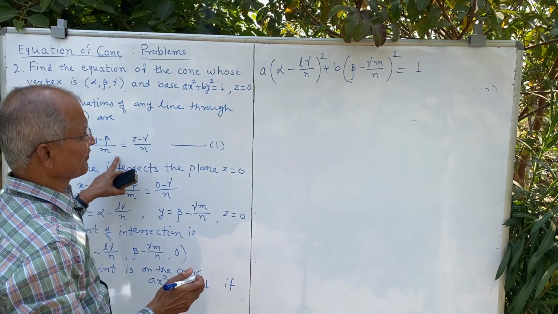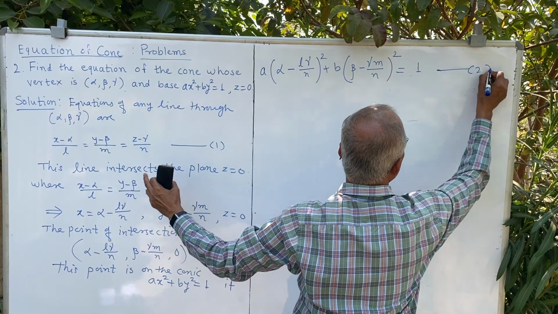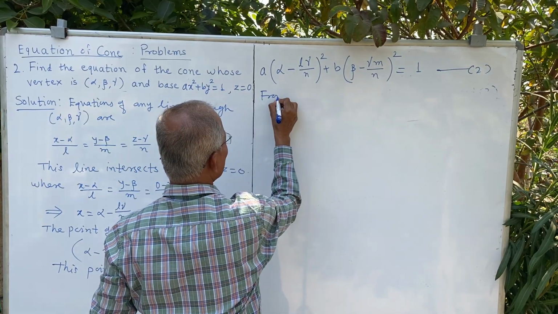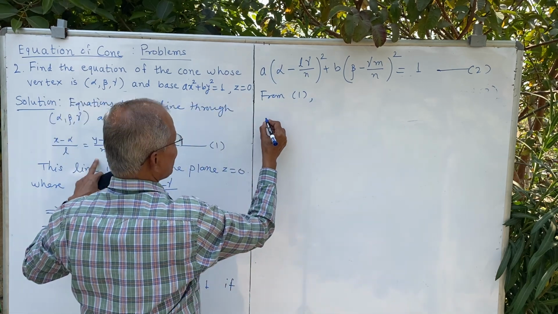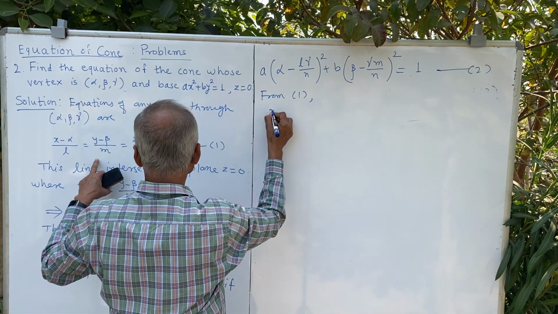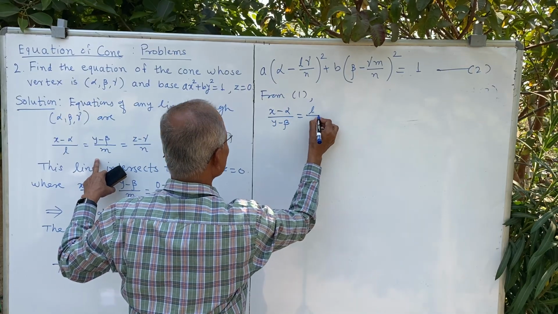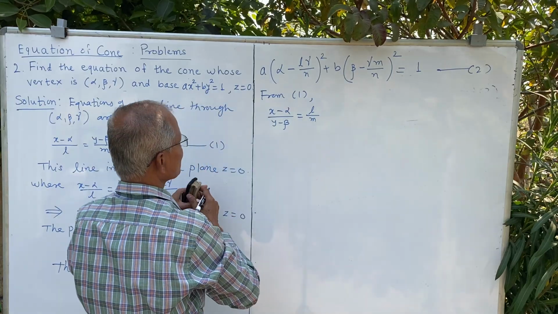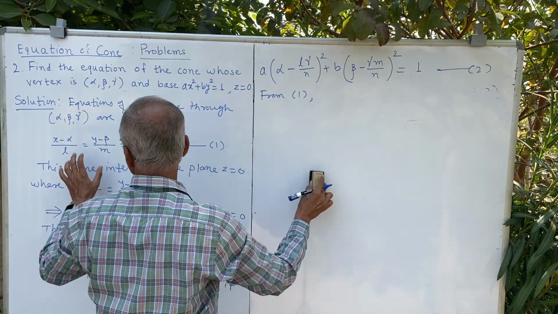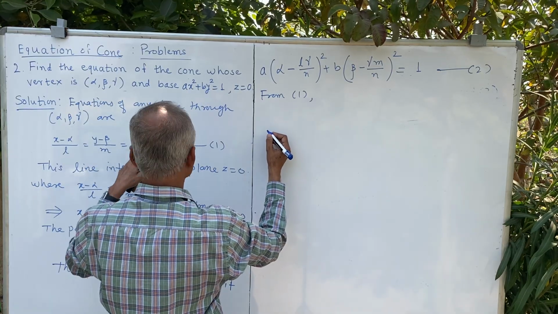From the first equation we shall write again the ratios. Suppose this is the second equation. From 1 we have L upon m is x minus alpha divided by y minus beta. We have to equate the first and last, and then we shall obtain L by n.